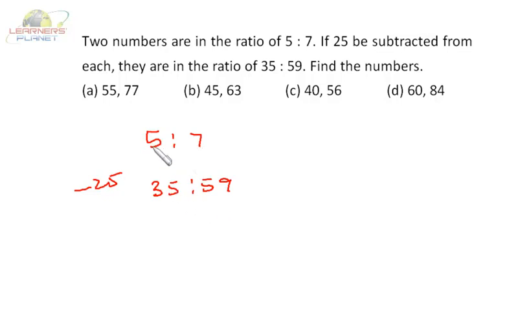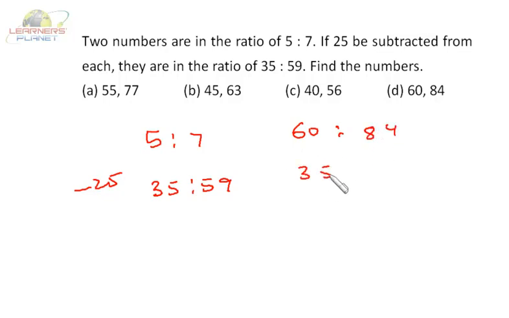Now here the difference between numerator and denominator, or we can say antecedent and consequent, is 2. Here the difference is 24. So we can also make this difference 24. If I multiply each term by 12, it is 60 is to 84.